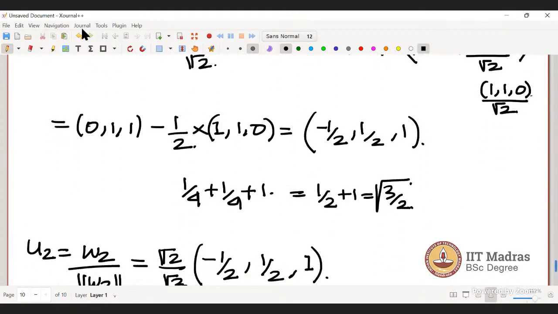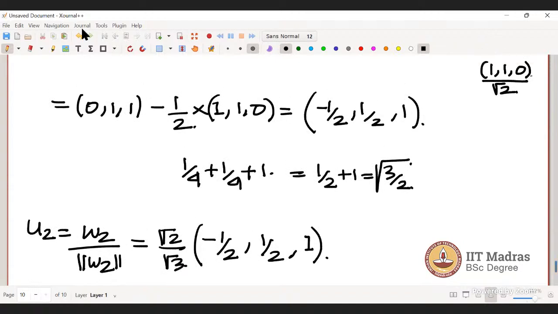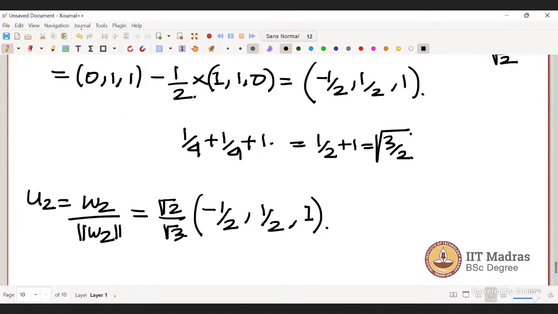If you keep it as root of 6 by 4 instead of root of 3 by 2, the 2 can cancel and you can get root 6 in the denominator.